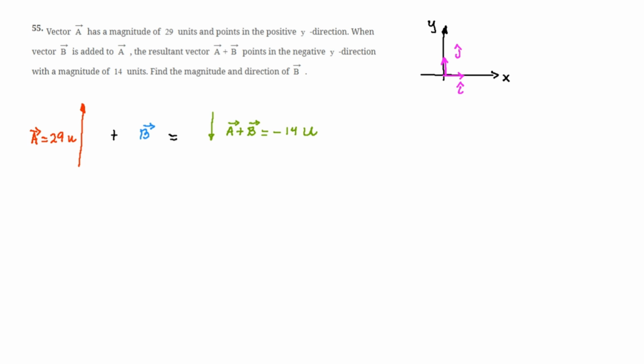So if I rewrite my vector A using univectors, I can say that vector A is 29, as it points up, univector j. Now, my vector B is x, because I don't know its magnitude, univector j. So this is unknown.